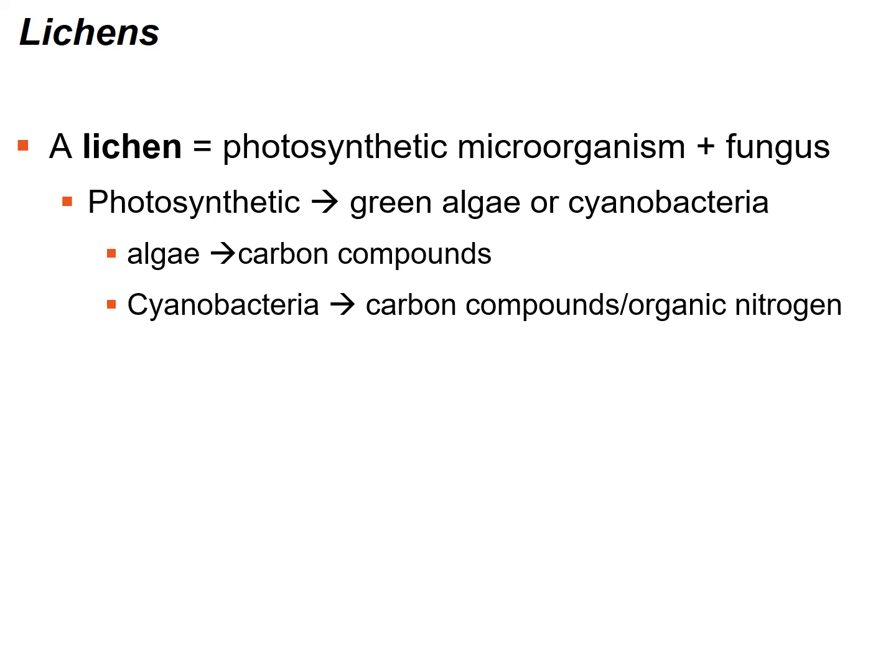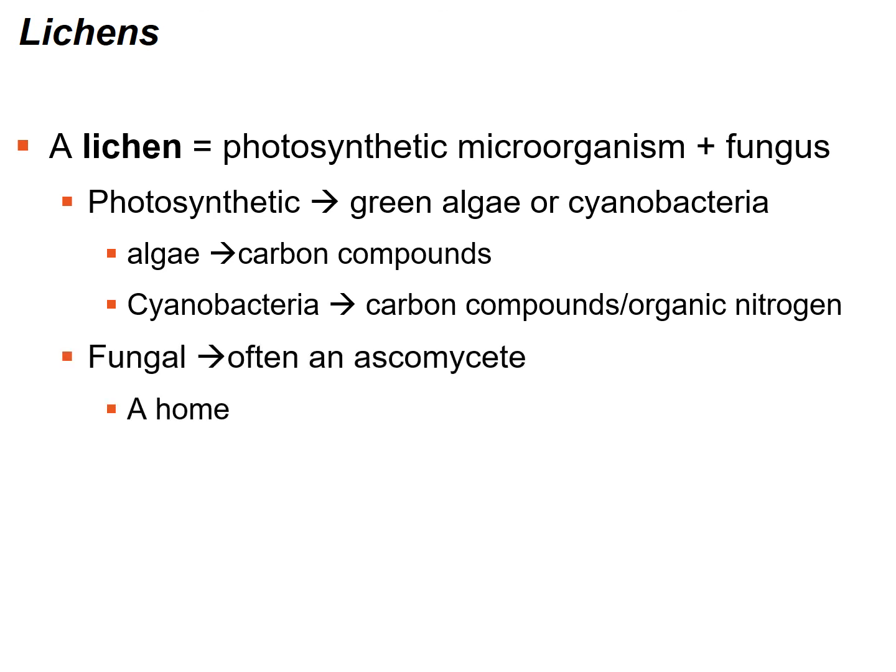The photosynthetic microorganism could be an algae, or a cyanobacterium, or both. The algae are going to contribute carbon compounds to the fungus, and the cyanobacteria will contribute carbon compounds and organic nitrogen. The fungus generally provides a home for the other organisms, so it's a mutualistic relationship, also more generally called a symbiotic relationship.